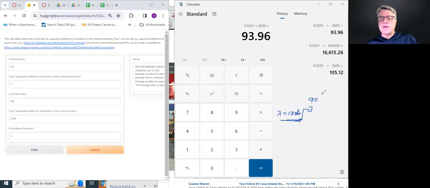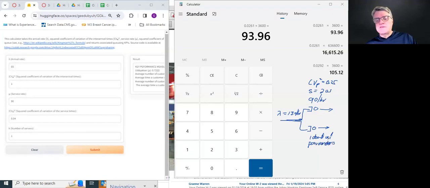Service is still at the rate of 90 per hour. Now, if they're untrained, the standard deviation is 20 seconds, right? So that gives us a CV sub p squared of 0.25 as we calculated previously. And that's true for both of these folks, and then once served, the customer leaves the system. So identical parameters.